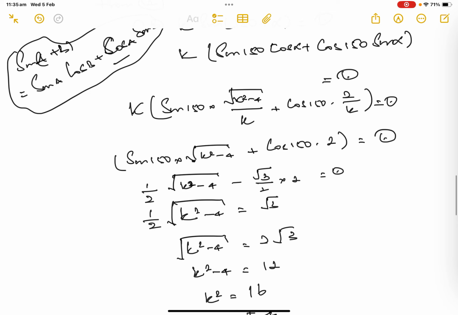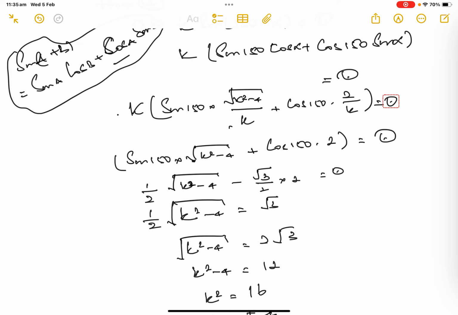So we can take k as an LCM, and then this k will be cancelled out. So all we have is sine 150 times the square root of k squared minus 4 plus cos 150 times 2.